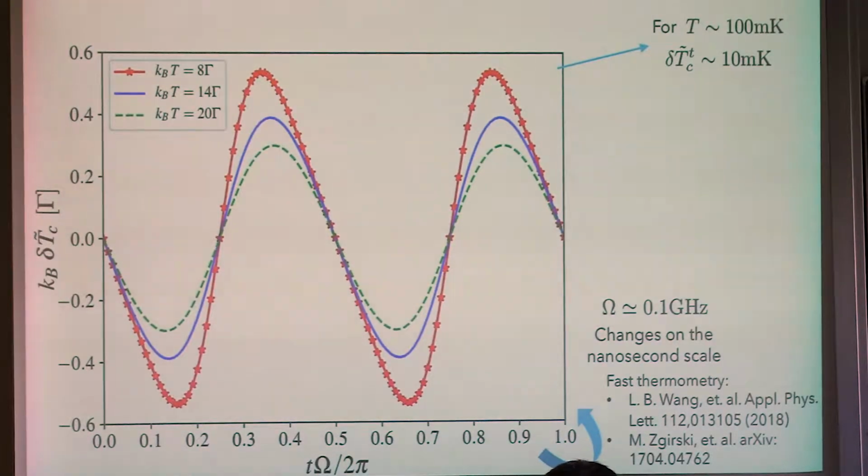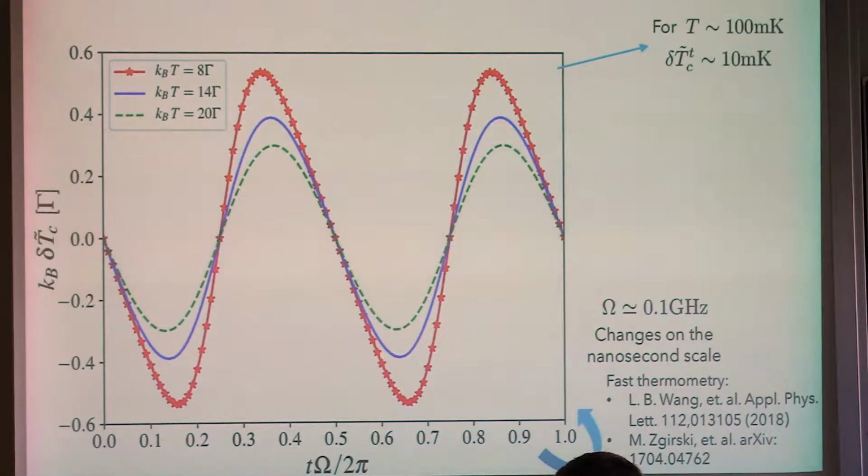In this case, we arrive at different patterns. I'm showing the deviation of the temperature of the floating contact as a function of time within a period of the driving potential. And as you can see, it is not universal anymore. This behavior will depend on the spectral properties of the system, of the device, but also on the temperature.